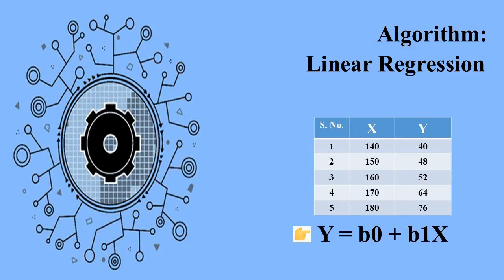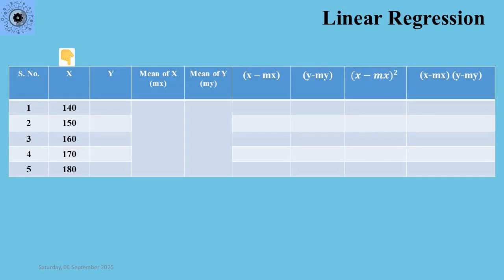Now, we will compute the values of b0 and b1 using the linear regression algorithm. Take a table as given here, and put the independent variable x in the first column, marked as x. Similarly, put the dependent variable y in the second column, marked as y. As a first step, find the mean of x, and put it in the respective column as shown.